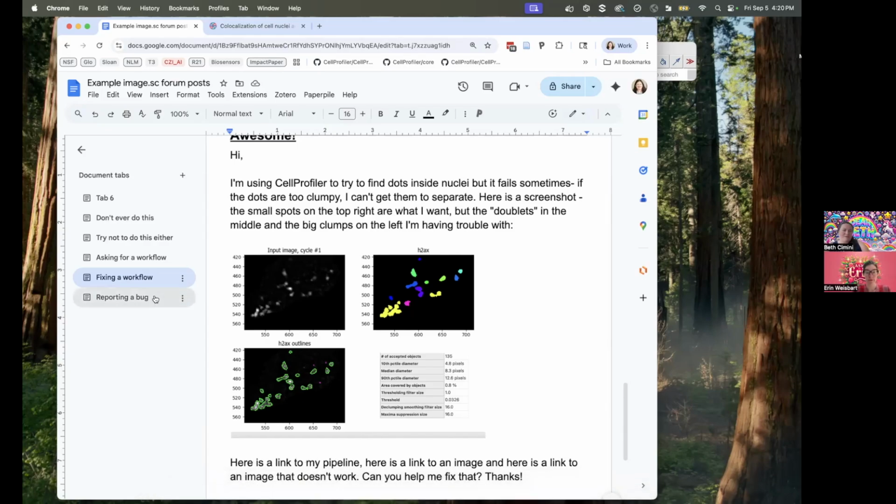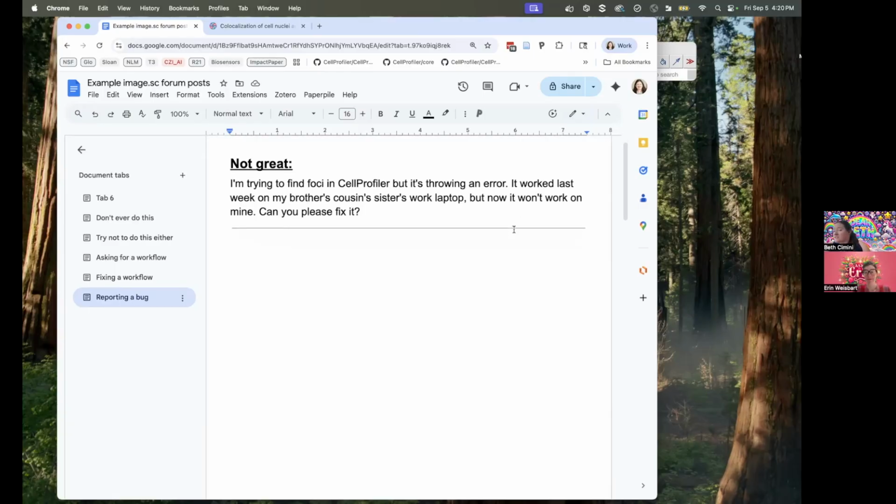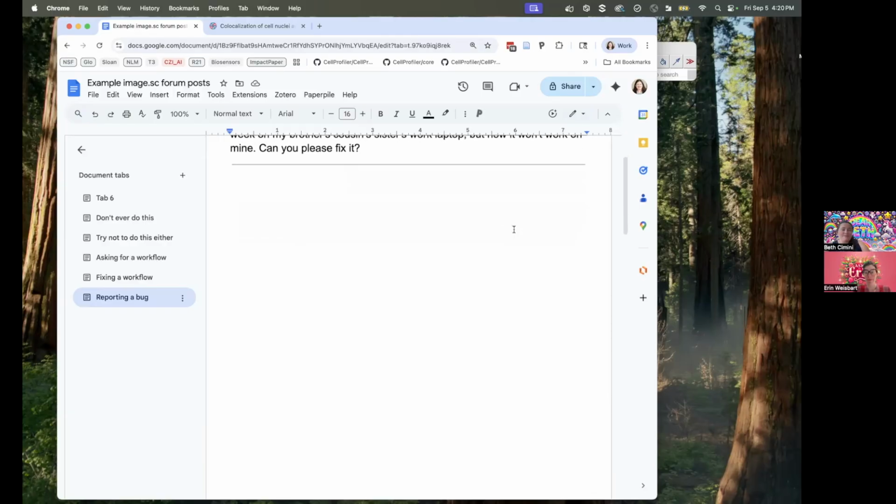And similar themes apply when reporting a bug. If you just tell us that there is an error, we don't really know what error it might be or why it might be happening. You're saying it's working on one computer but not another, but I don't know: are they using the same version of CellProfiler, the same kind of computer?